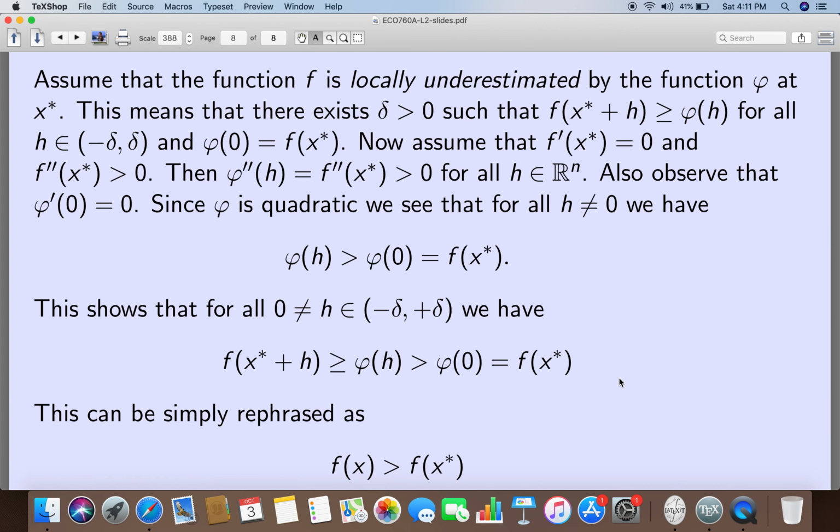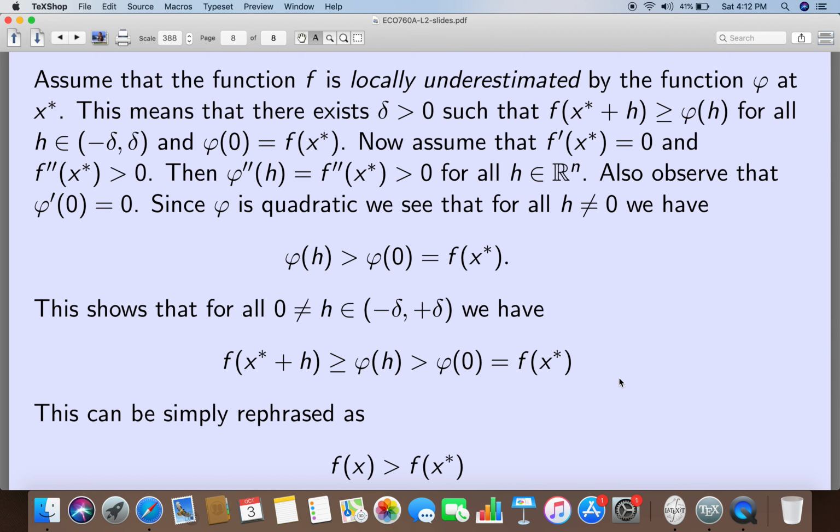This is the mechanism of getting the local minimizer: locally, your quadratic minimization is going on. So your quadratic approximation has to lie below the original function in a small neighborhood, and only then you get a strict local minimizer.